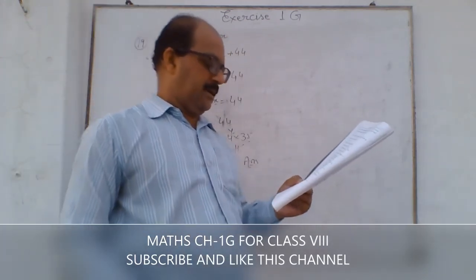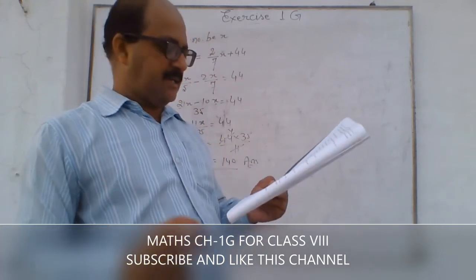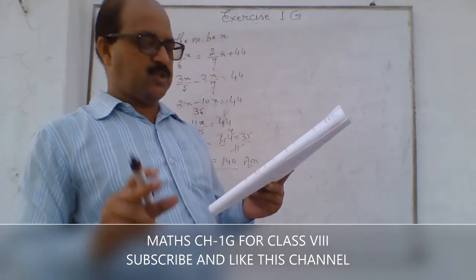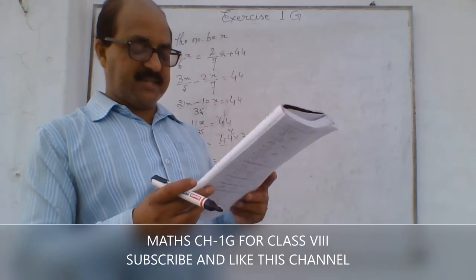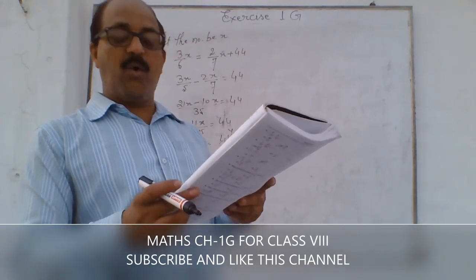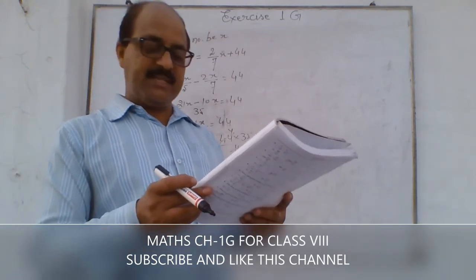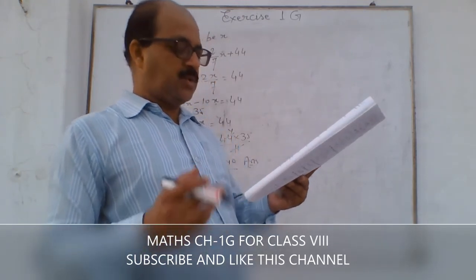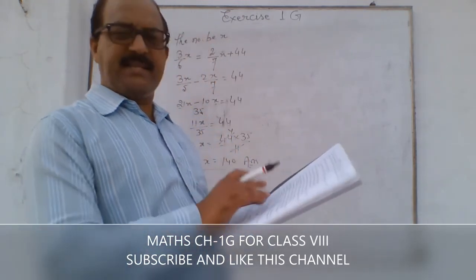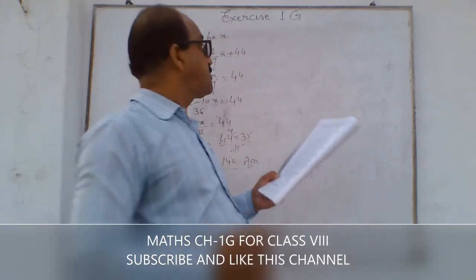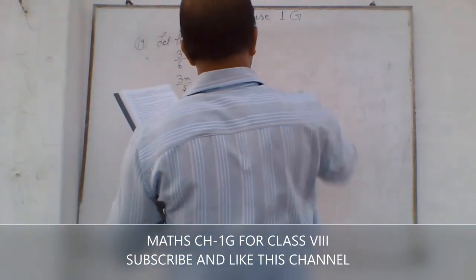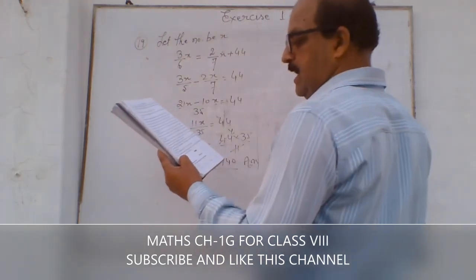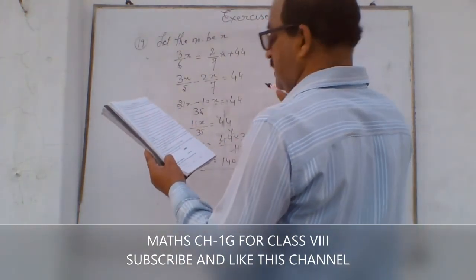And the last question. At a cricket test match, 2 by 7 of the spectators were in the covered place, while 15,000 were in the open. Find the total number of spectators. Like these questions, previous questions I have solved. Let the total number of spectators be x.